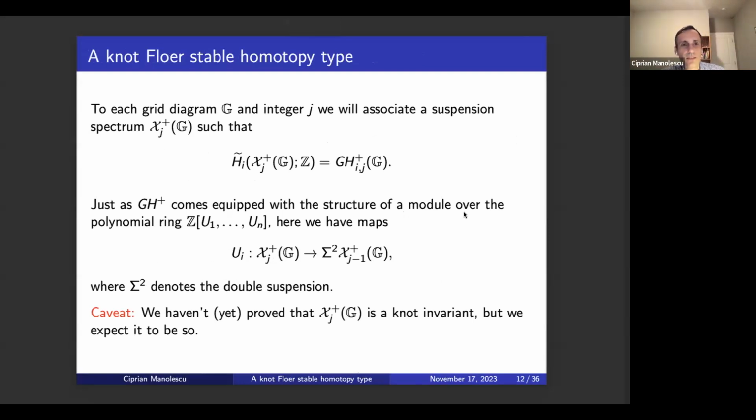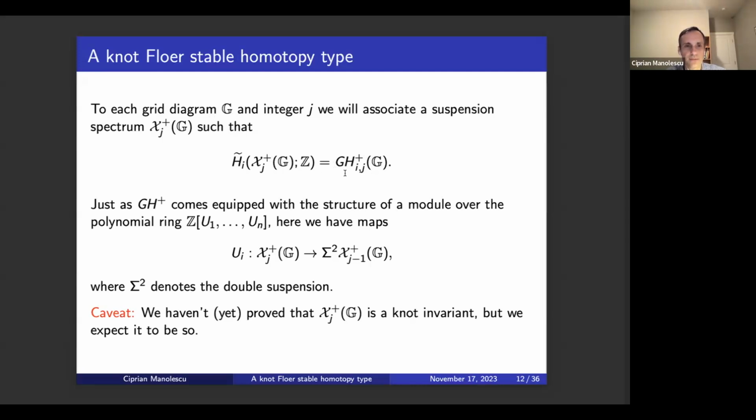Okay, so what I want to do is to associate to each grid diagram and each integer a suspension spectrum, an object in that category, whose homology is the grid homology. The grid homology, again, has two gradings. The second one is called the Alexander grading, and the first one is the homological grading. So in each Alexander grading, I have a spectrum, and its ith homology is GH_i.